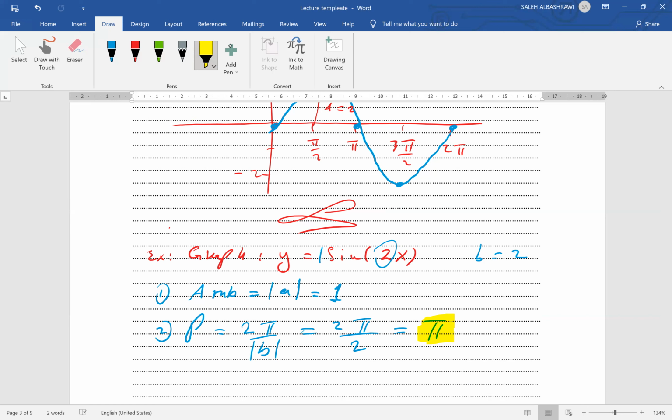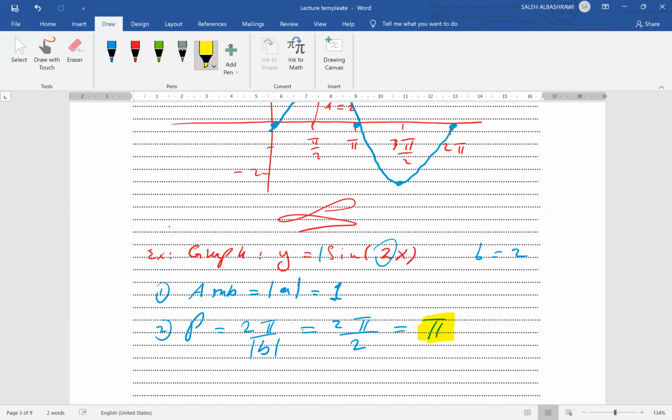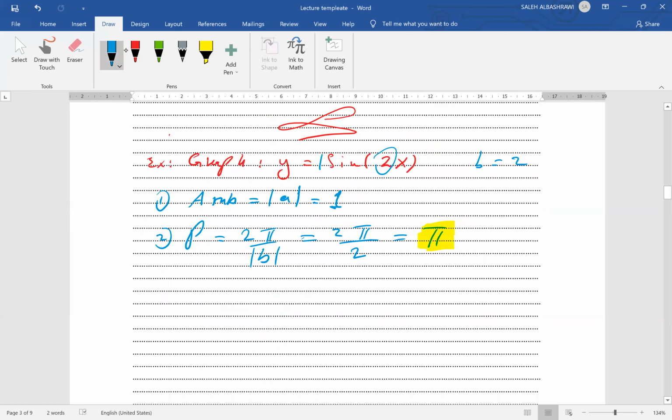Since the period is equal to 1 pi, I am going to divide this period into 4 parts. Why is it 4? Because we have 4 quadrants. This will give me the 4 quadrants.